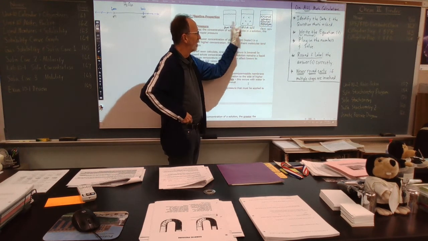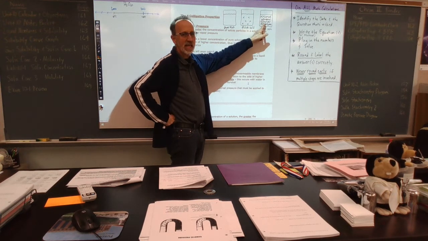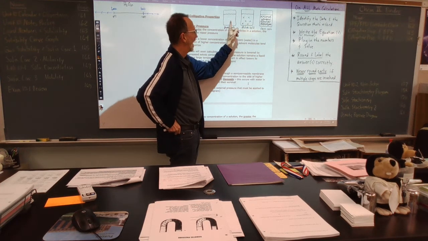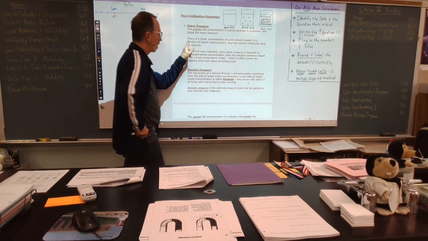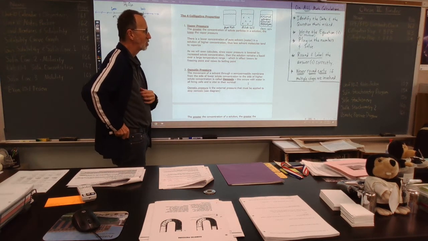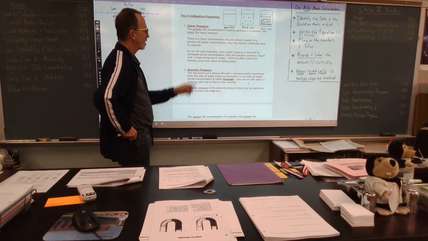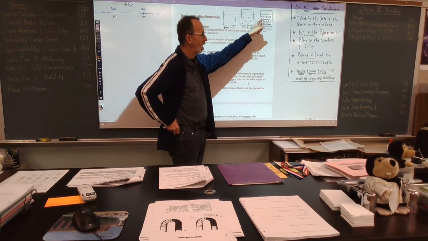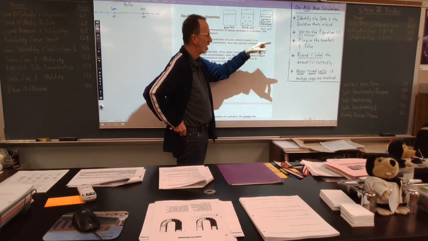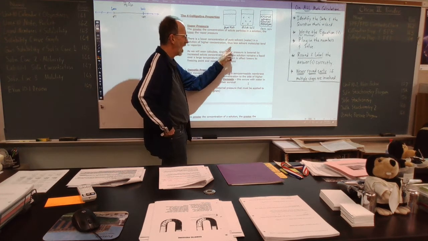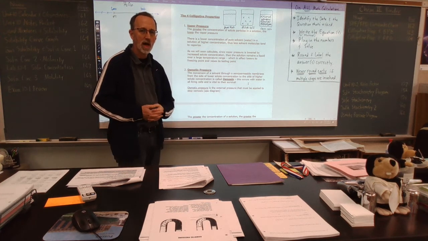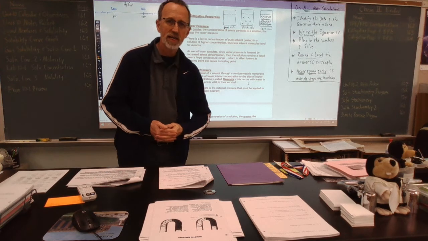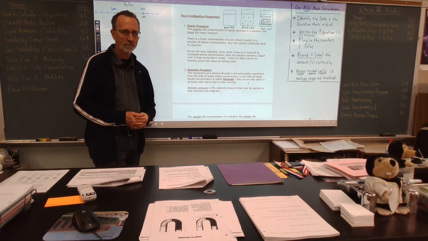If these volumes are the same, this contains the least amount of water molecules, this has more, and this has the most. So there is a lower concentration of pure solvent, water, in a solution of higher concentration. There are fewer water molecules per unit volume, thus fewer solvent molecules available to vaporize, and so vapor pressure is going to go down.